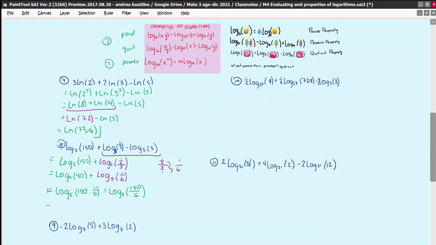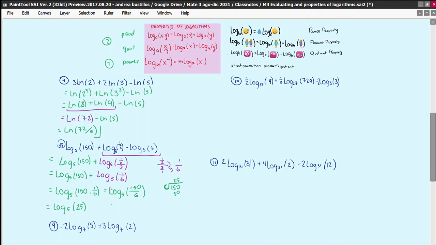And this is the same as logarithm base 5 of, you can do the division, 150 over 6 is 25. So this is logarithm base 5 of 25.